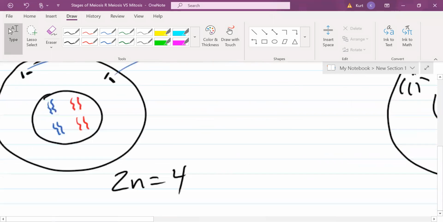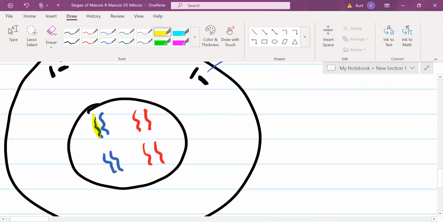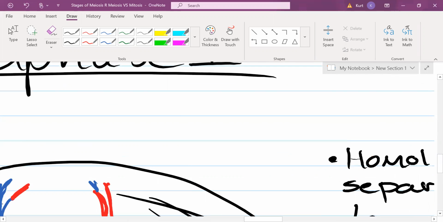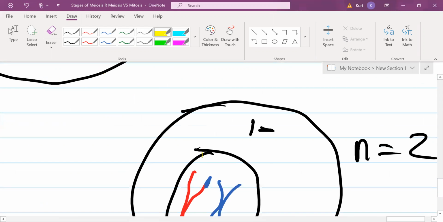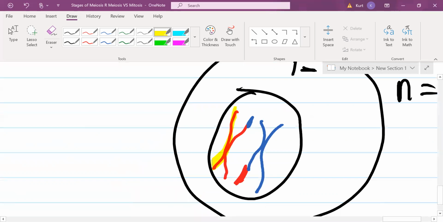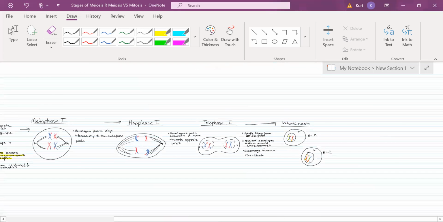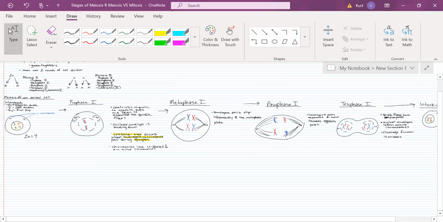I'll highlight them and then unhighlight them. But over here, now you just have 1, 2. So you are already haploid. You just have two copies of the same chromosome. Okay.